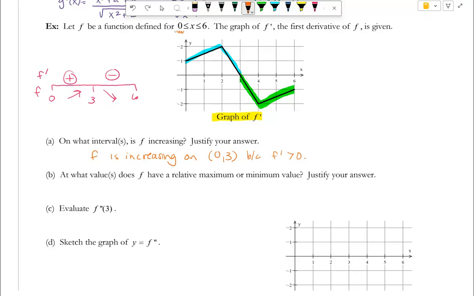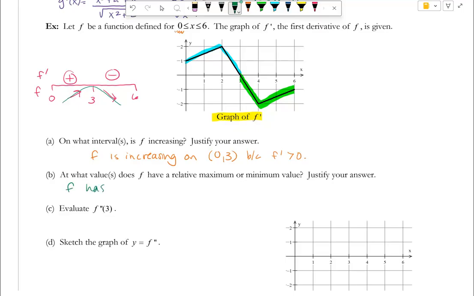In part B, at what value or values does f have a relative maximum or minimum value, and to justify our answer? Well, again, using the same number line we drew, we could see that our only critical value is where x is equal to 3. And since f prime is changing from positive to negative, we have a maximum.